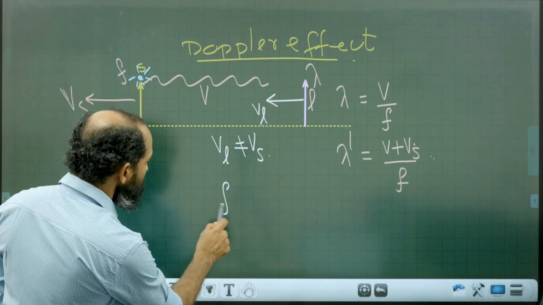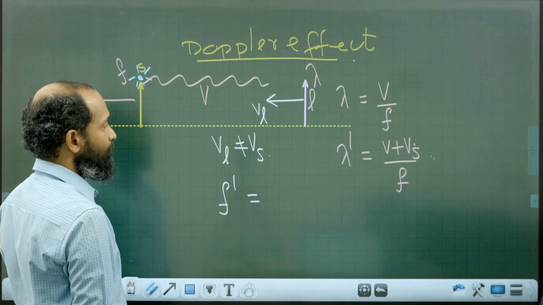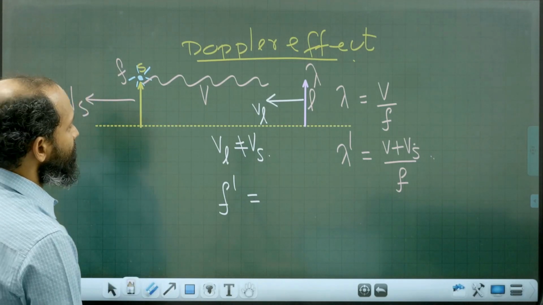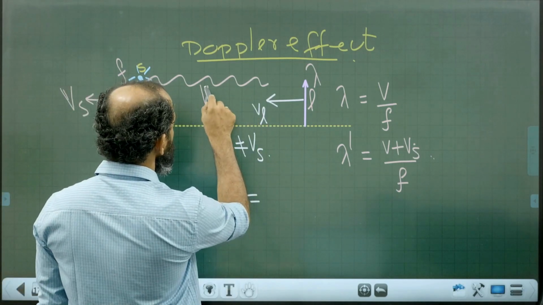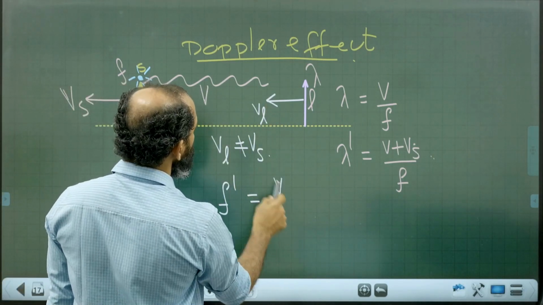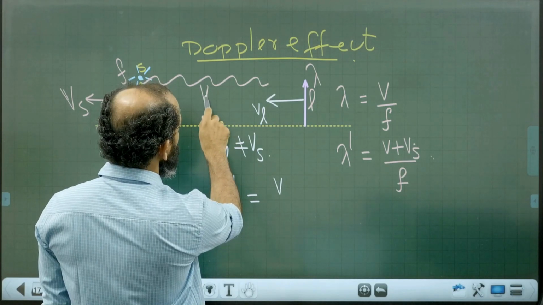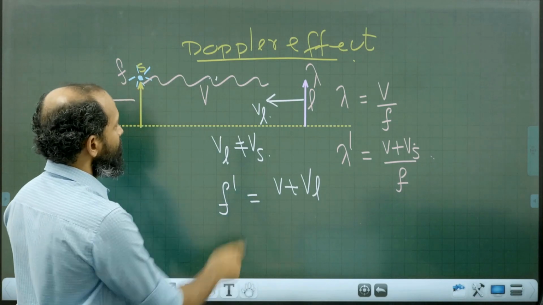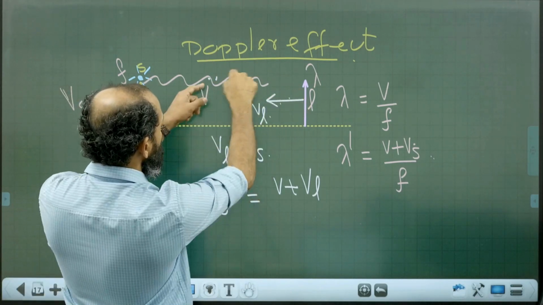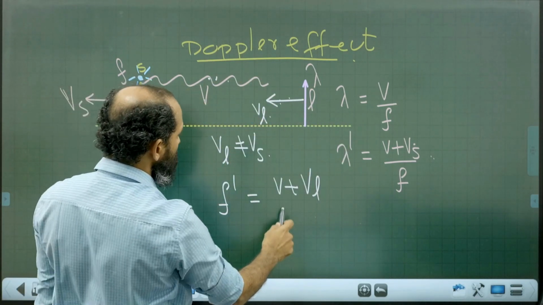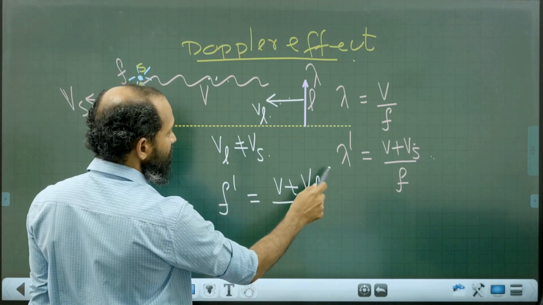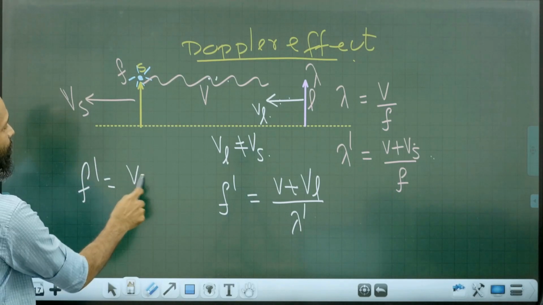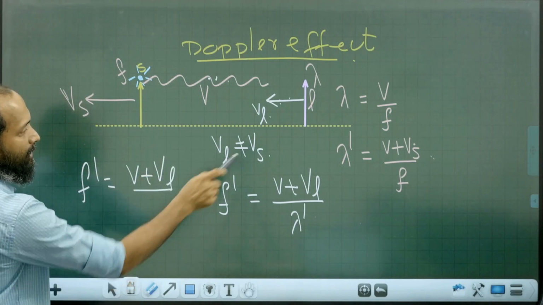The heard frequency is the relative velocity of the sound with respect to the listener, which is V plus VL because the sound and the listener's velocity are in opposite directions, divided by the wavelength lambda dash. That is why f dash is equal to V plus VL divided by lambda dash.